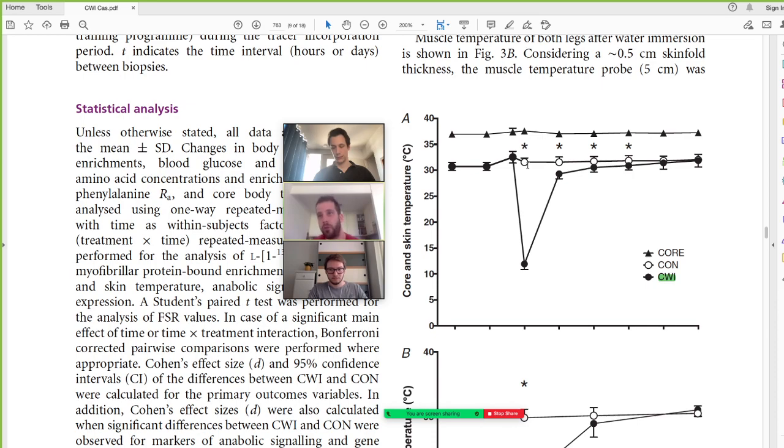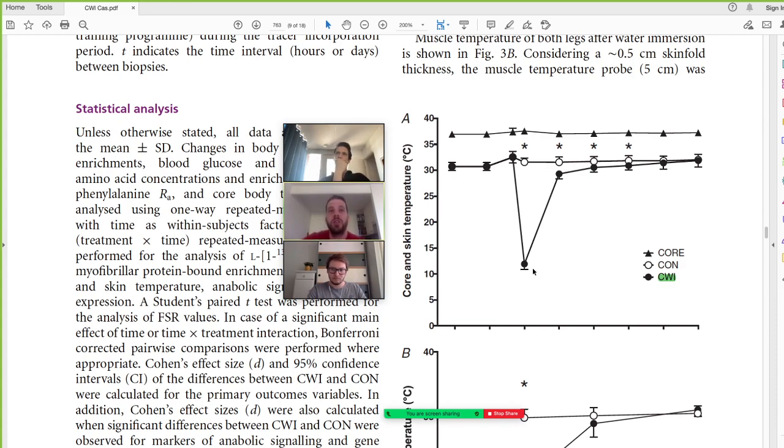And a little bit related to the previous question by Nick, if you look at the cooled leg, it goes down, and I think by heart it was about 12.5 degrees Celsius. I don't know if we can say there's a hard threshold there, but if you look into the literature, you will go around 13 degrees Celsius of skin temperature. And we basically reached that with our protocol of 20 minutes water immersion.